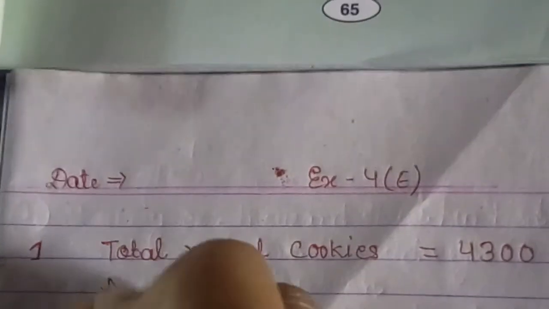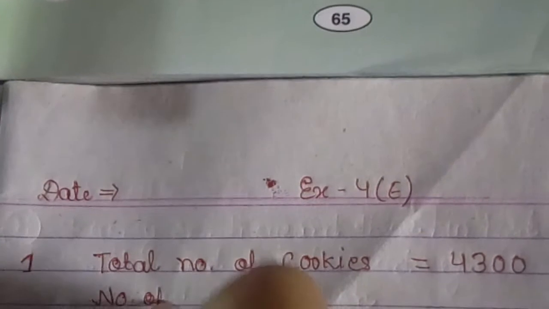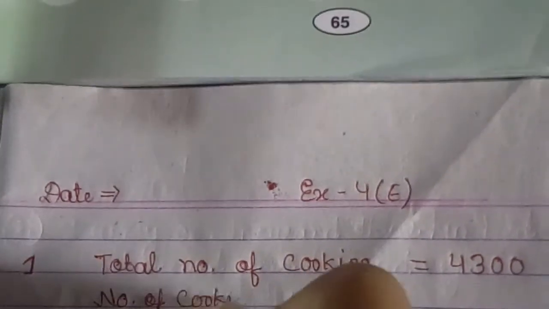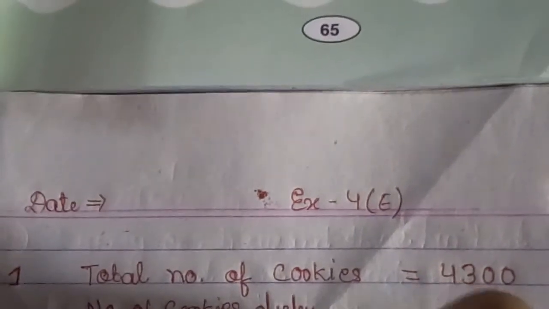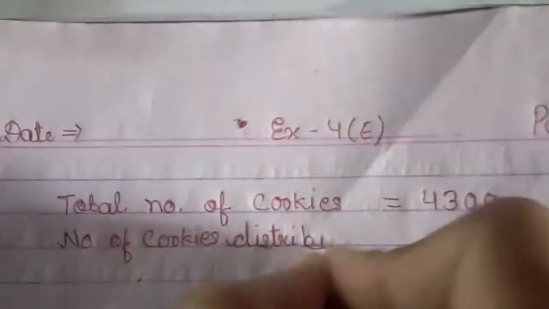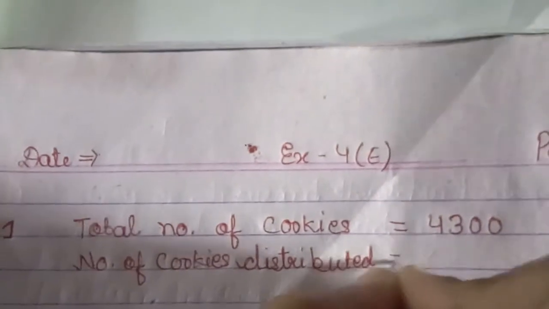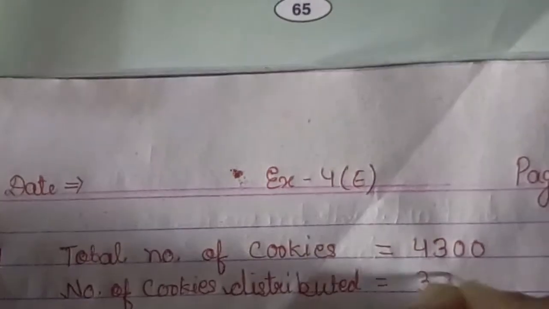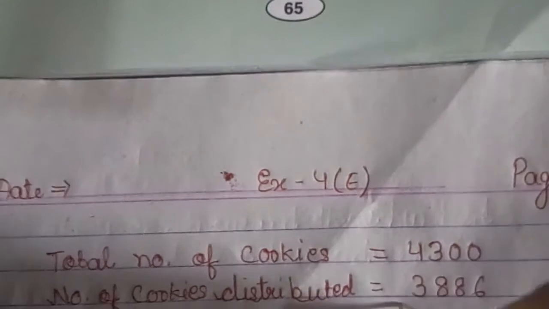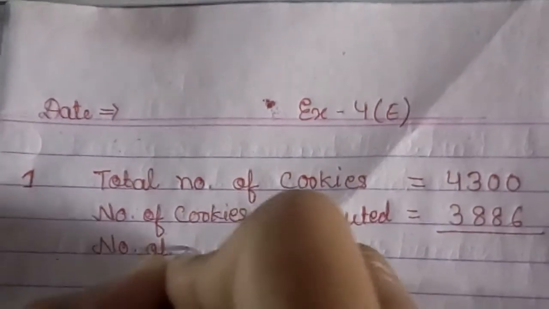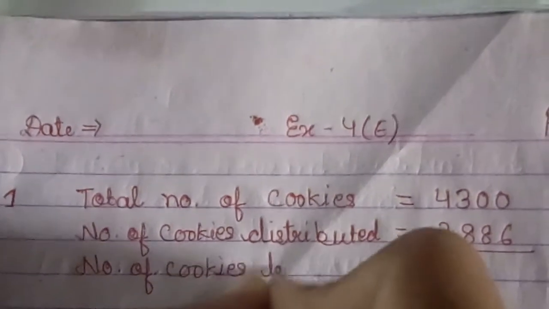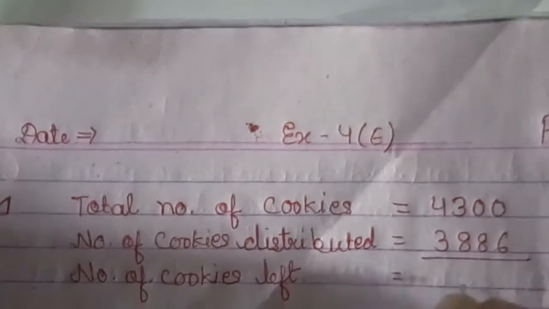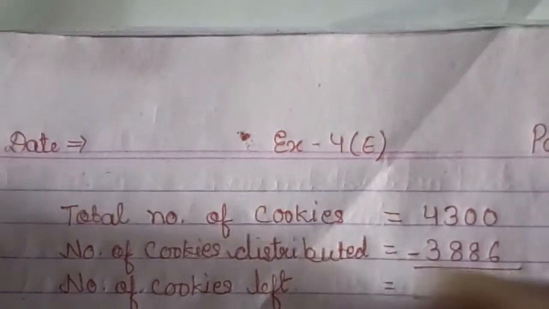Number of cookies distributed, 3,886. Now number of cookies left. Put the sign of minus.